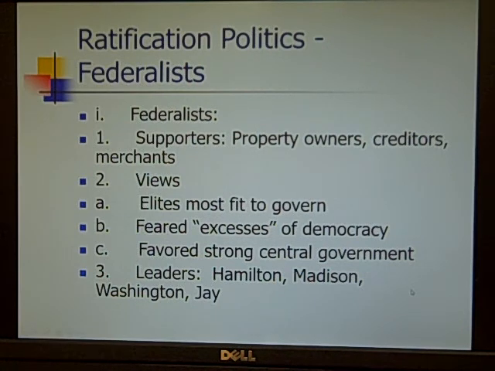When you look at the Federalists, most of the Federalist supporters are a little bit more of your well-to-do people. They're a little bit higher class. And so they want that stronger government because they need a government that's going to be able to have authority and power in order to protect their economic interests. All right? So they don't want excessive democracy because these are already sort of the haves.